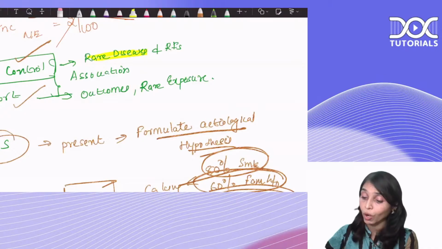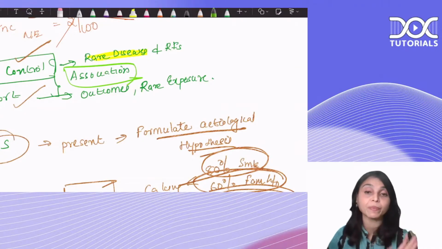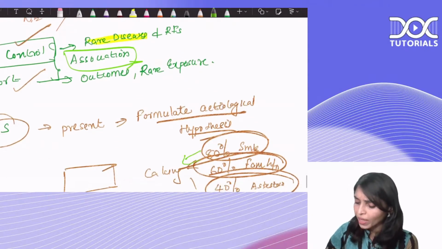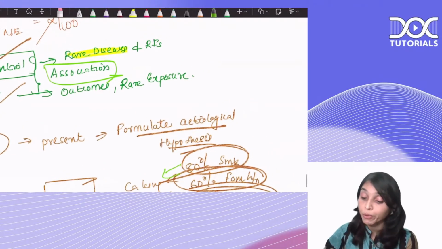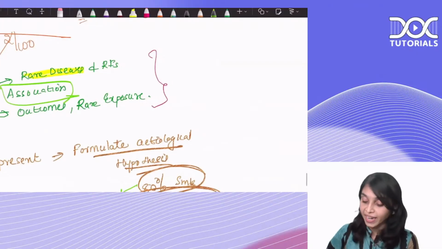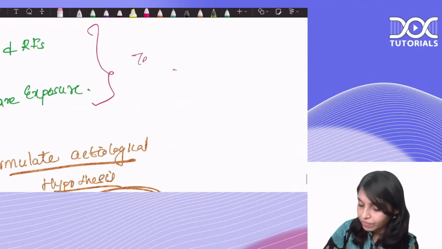Whereas case control and cohort are analytical study designs where you are trying to find out the association between exposure and outcome. That means you want to know whether smoking is a real risk factor or not. These two are analytical study designs where you are testing the hypothesis.